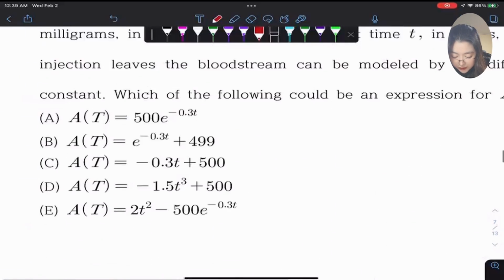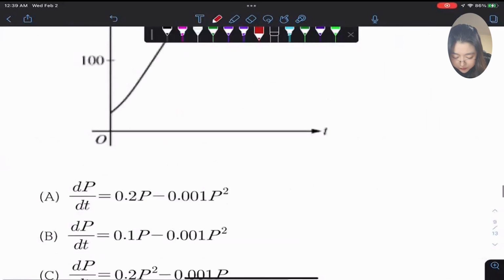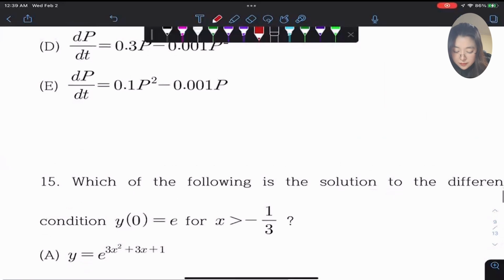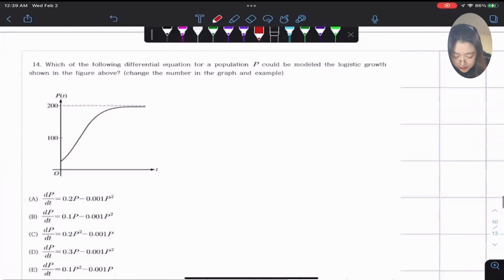Look at problem 14. Which of the following differential equations for a population P could model the logistic growth shown in the figure above?